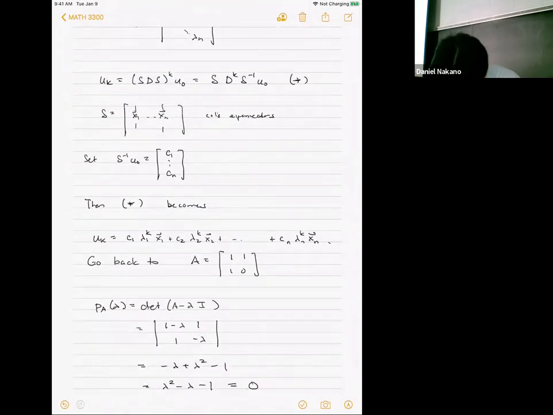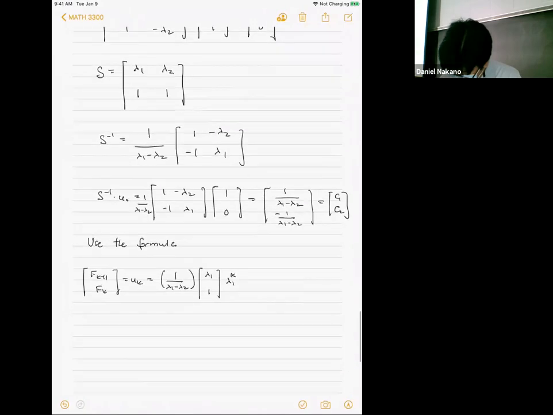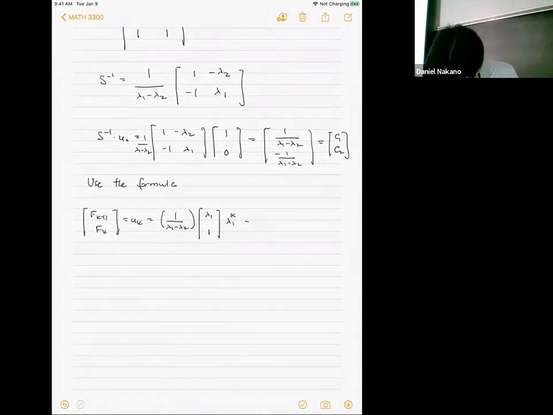Let me just box this as a very important formula. So I'm using this formula for this example. I have two terms involving x1 and x2 and lambda 1 and lambda 2. Coming back down here, same sort of deal for this next one. So I get minus 1 over lambda 1 minus lambda 2, and then I have lambda 2, 1, lambda 2 to the k.